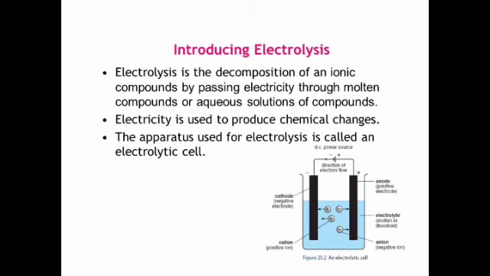Number 1. Determine how many moles of electrons are transferred when 4,825 coulombs of electricity are passed through an electrolytic cell. And the question has reminded you that 1 Faraday is equal to 96,500 coulombs.